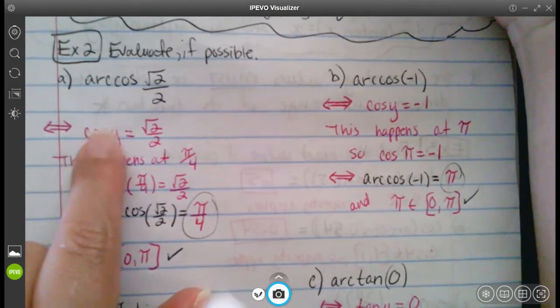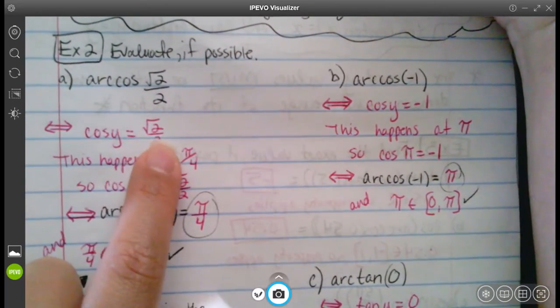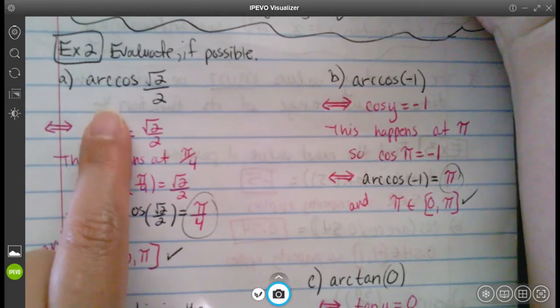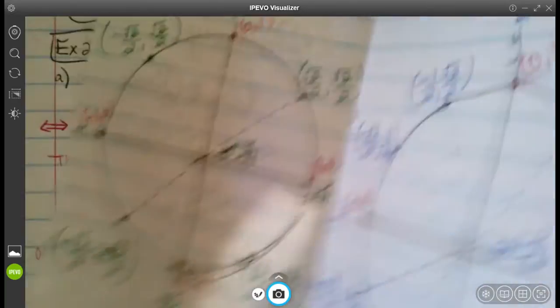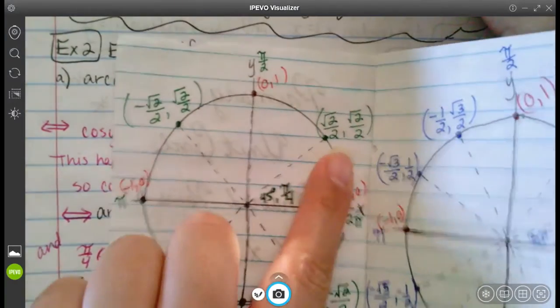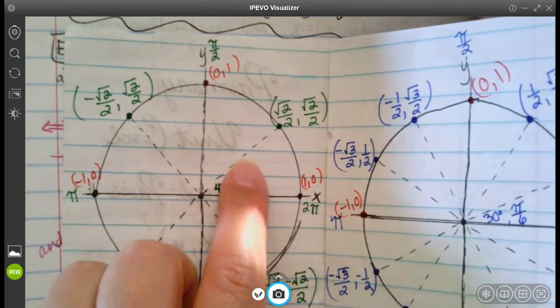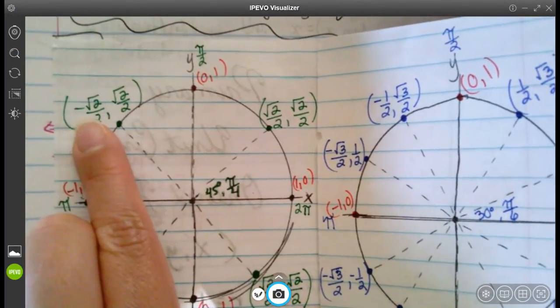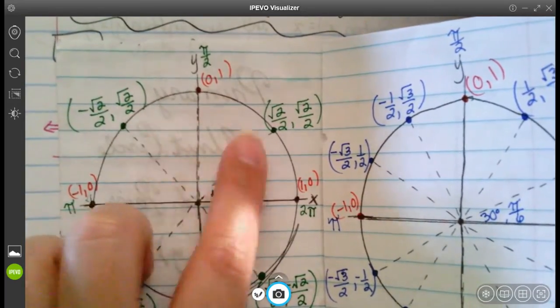So we rewrite it. Remember our equivalence statement: if and only if cosine of y is equal to square root of 2 over 2. Remember that cosine is going to be our x values. So where is our x value equal to square root of 2 over 2 in quadrant 1 and 2? I'm going to look at my foldable over here, and I see that square root of 2 over 2 happens here in quadrant 1, and that's it. But remember, I only have to look at the top two for cosine.